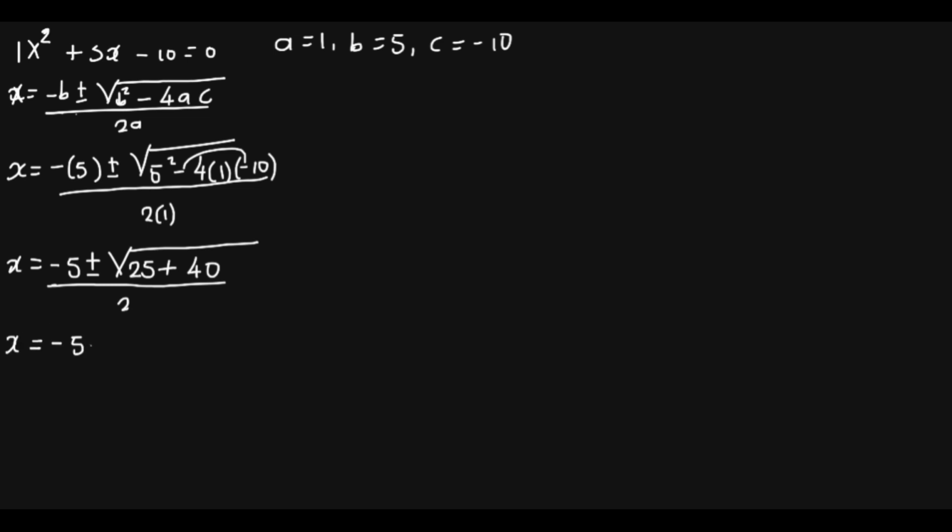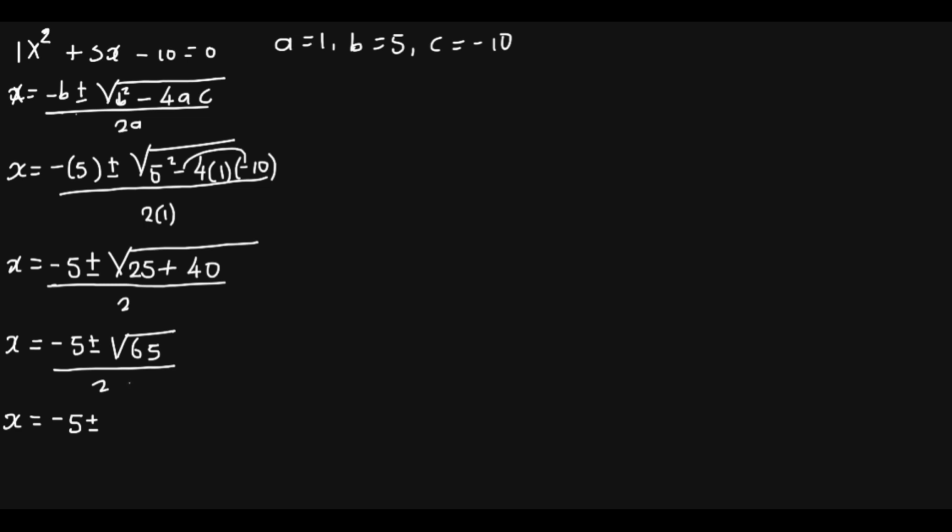So plus or minus 25 plus 40, we get 65. Now this 65 is not a perfect square number. In a case where you have this number, you need to use a calculator. So we are going to find the square root of 65 using a calculator.